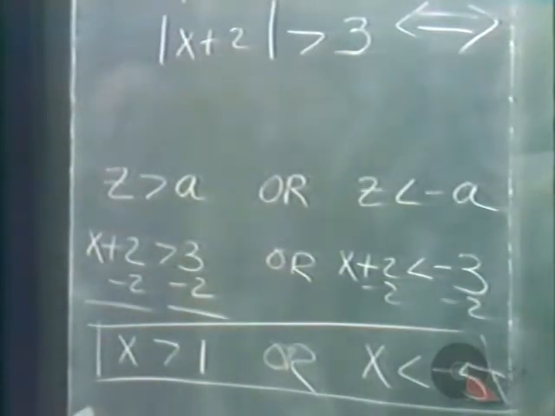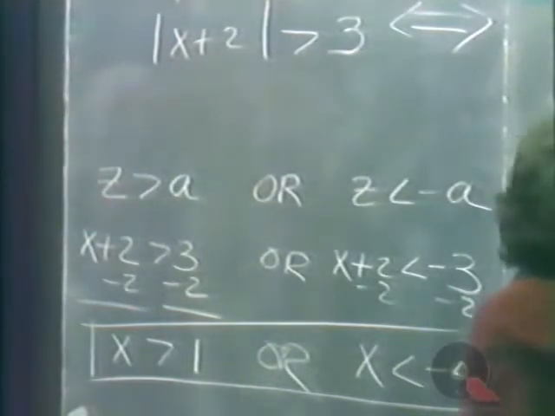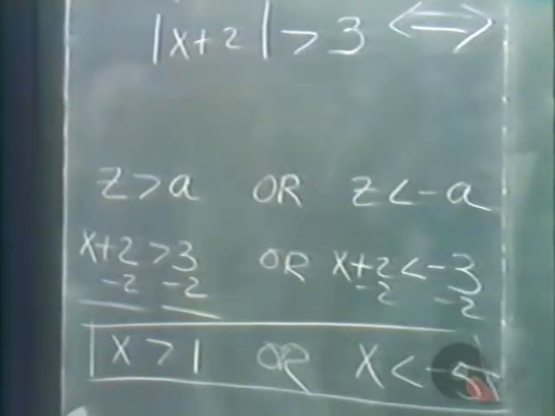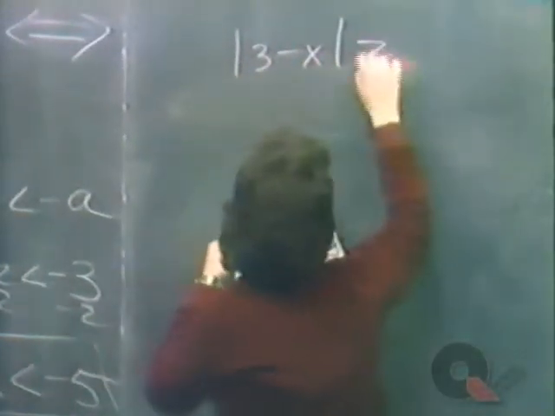Okay, let's try one more of these. We're going to solve the inequality and sketch the graph. The absolute value of 3 minus x is greater than or equal to 1.